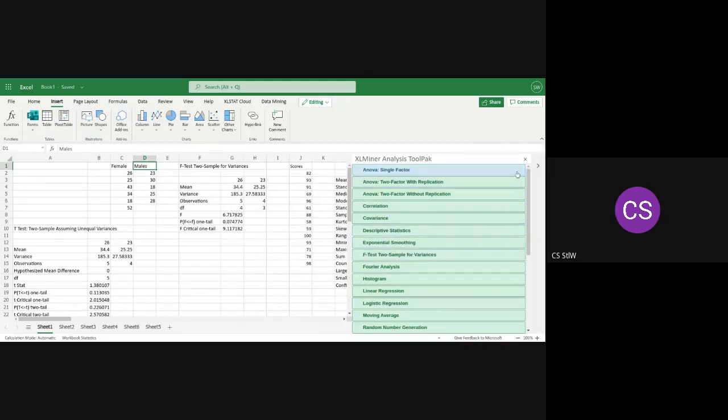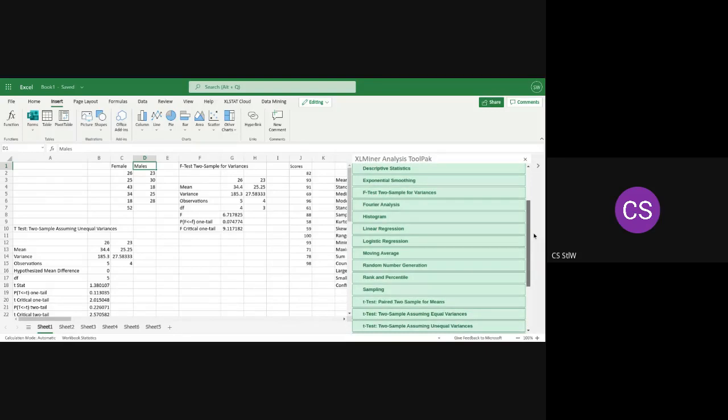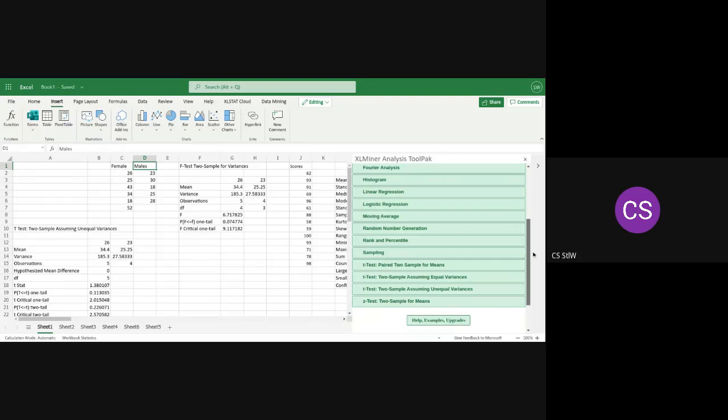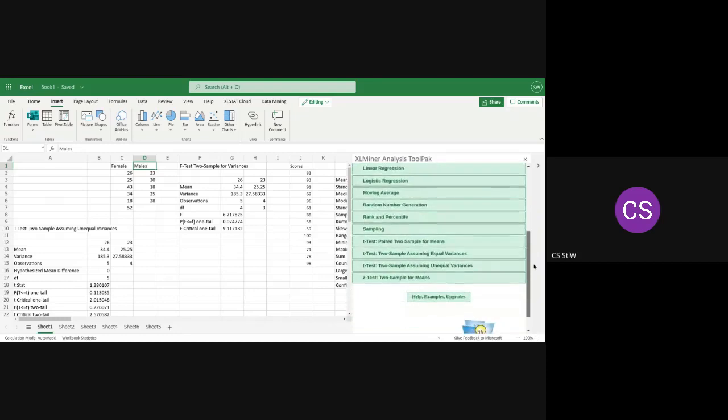You will see a section, the tool pack that this add-in is able to give us: the Anova, whose full name is analysis of variances, two-factor with replication, two-factor without replication, and then we have correlation, covariance, descriptive statistics, exponential smoothing, F-test two samples for variances, Fourier analysis, histogram, linear regression, logistic regression, moving average, random number generation, rank and percentile, sampling, t-test paired two sample for means, t-test two samples assuming equal variances, t-test two samples assuming unequal variances, and z-test two samples for means. That's what we are able to get, and I think that's because that's what is available for free.